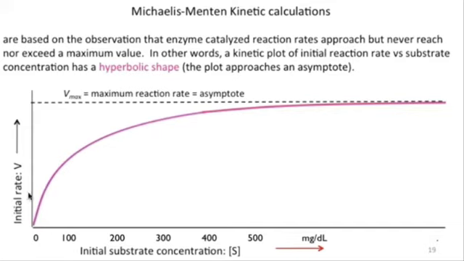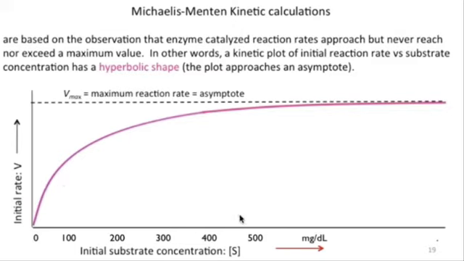So here I have the initial rate at which the sugar is being transported as a function of the sugar's concentration. Of course, this could apply to the rate of any type of chemical reaction based upon the substrate concentration. And one thing you'll notice right away is that as you increase the concentration of substrate, at the beginning there's a big increase in rate.